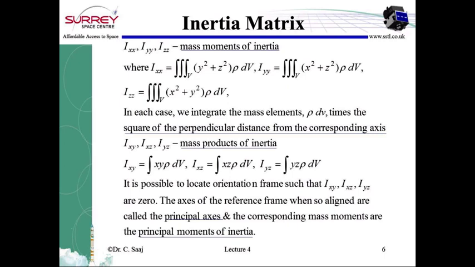So basically we know rho dV is nothing but the mass, and y square plus z square is the square of the perpendicular distance from the corresponding axis of rotation.